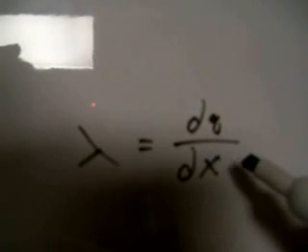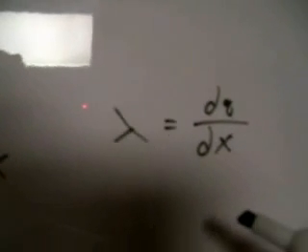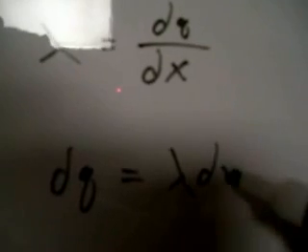So if this is dx, dq is the charge in there, and the density, since it doesn't change, is going to be dq over dx. So that's the first thing. Now we can say dq equals lambda dx.